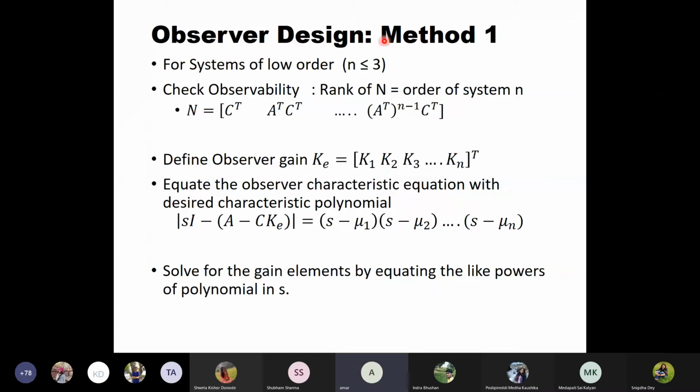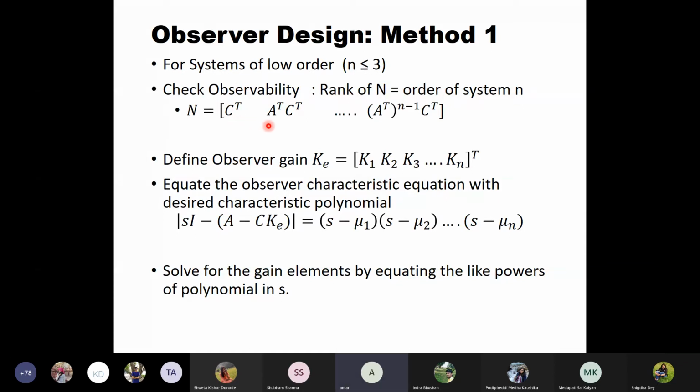the first method, method 1, is basically we check the observability, rank n will be the order of the system n. So the observability matrix, we know already, N is equal to C transpose, A transpose C transpose, up to A transpose to the power n minus 1 C transpose, and we find out the rank of N. If the rank of N is the order of the system n, then the system is observable.